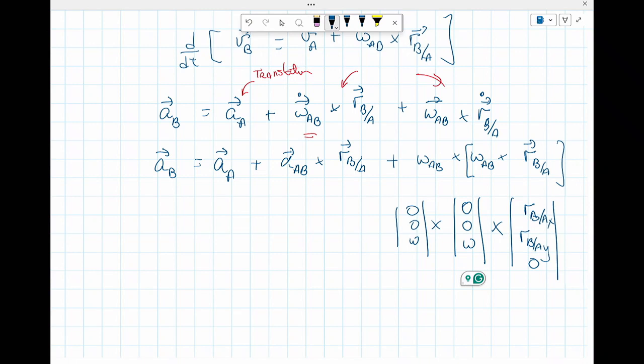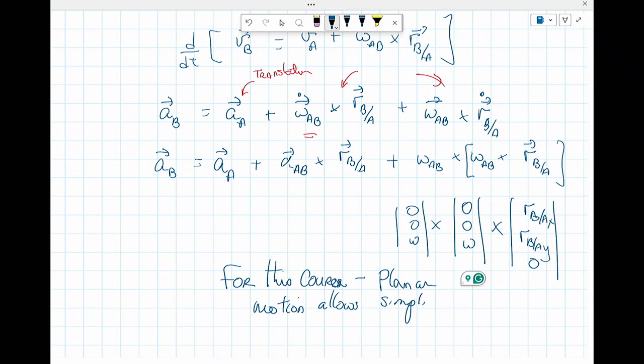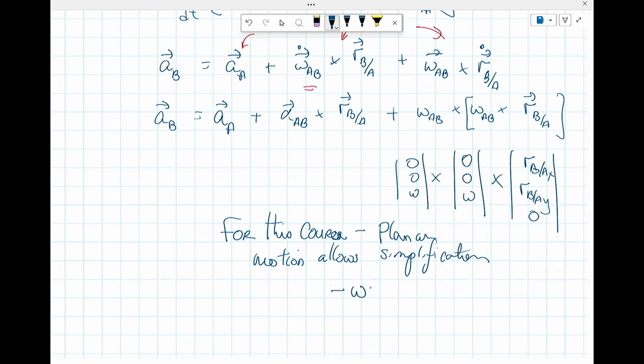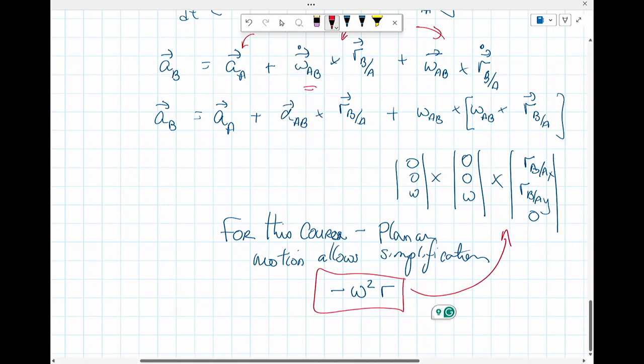You'll have different variations on this, but for this course this last term ends up being minus omega squared r.